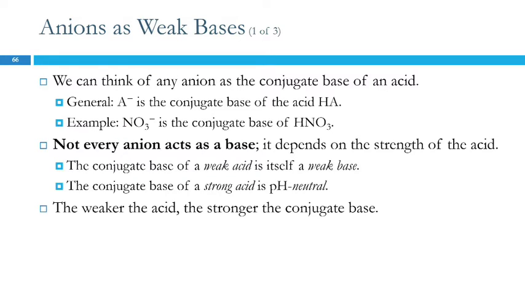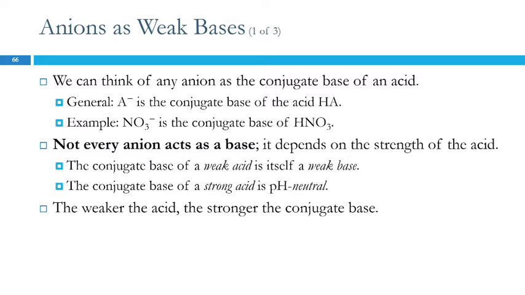Not every anion will act as a base. It depends on how strong its conjugate acid is. So the conjugate base of a weak acid is a weak base. The conjugate base of a strong acid is pH neutral, doesn't do anything. The weaker the acid, the stronger the conjugate base.